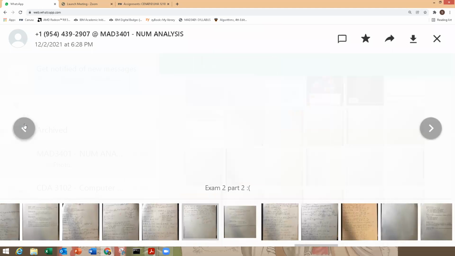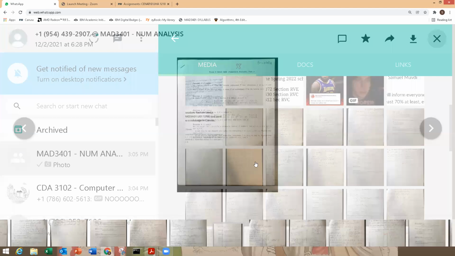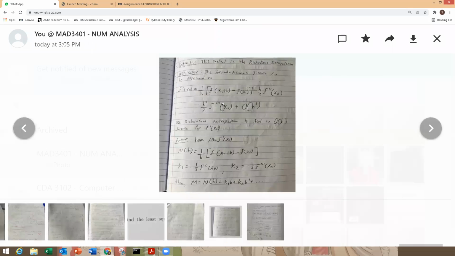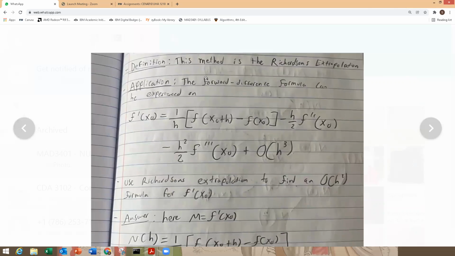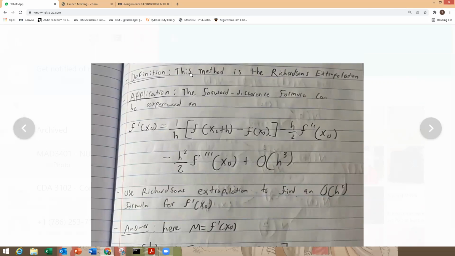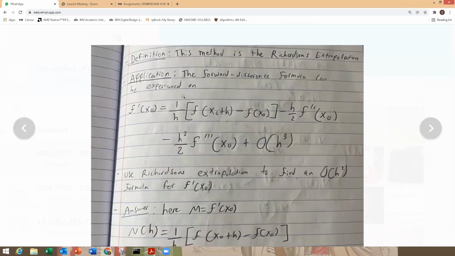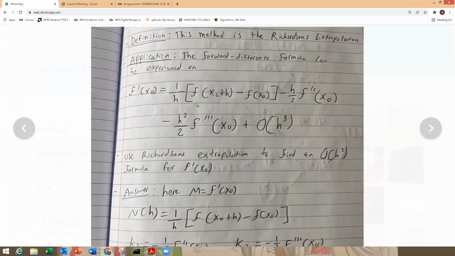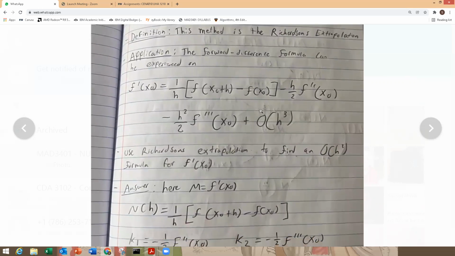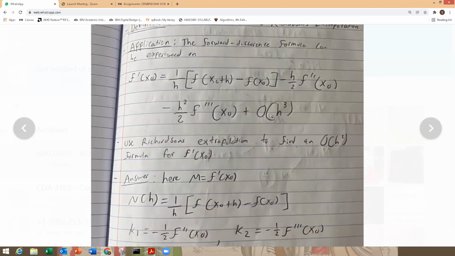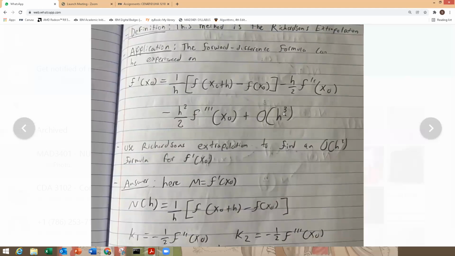So let me go to our notes. This exact same question was given to us in our notes. And if you look at the definition, it's actually the Richardson extrapolation. So this is the formula: 1 over H, and then you have f of X naught plus H minus f of X naught. And then it continues all the way to big O of H cubed, right?